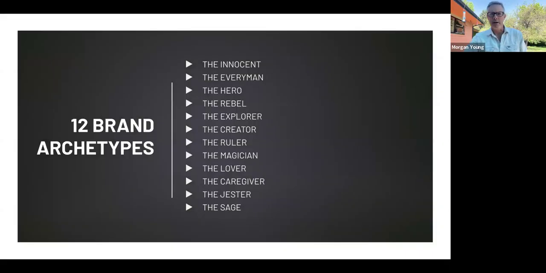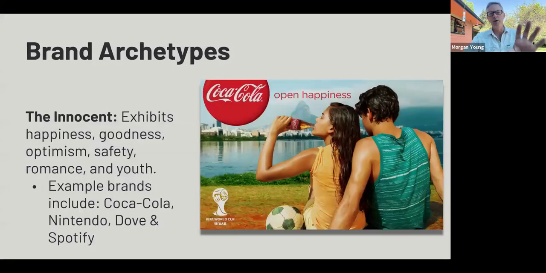The 12 brand archetypes are the innocent, the everyman, the hero, the rebel, the explorer, the creator, the ruler. That's what that second one was, the second archetype, Jason Sorter, the magician, the lover, the caregiver, the jester, and then what our first archetype, Jennifer K, was, the sage. So I'll go through these fairly quickly. You can look at these.